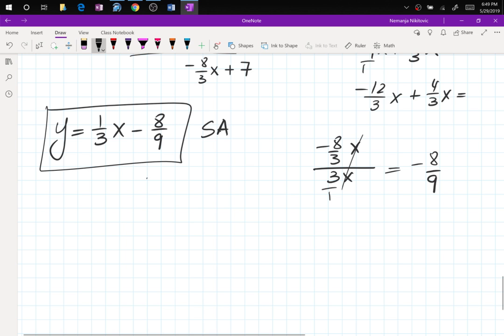So if you are to graph these asymptotes, this is almost 1. Let's say negative 8/9 is right here. And then we need to go 1 unit up and 3 units over.